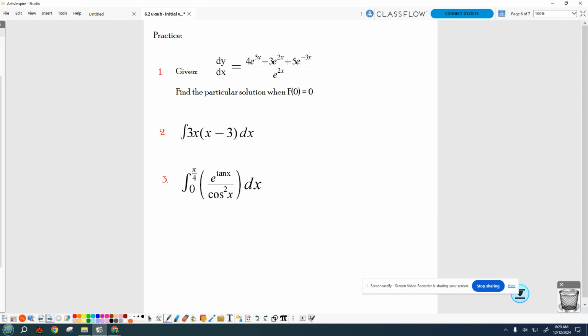Okay. I don't want you to do these, I want to just talk about strategy. How would I integrate the first one? What's the first step we should do that is not calculus at all? Amelia? Divide and conquer.